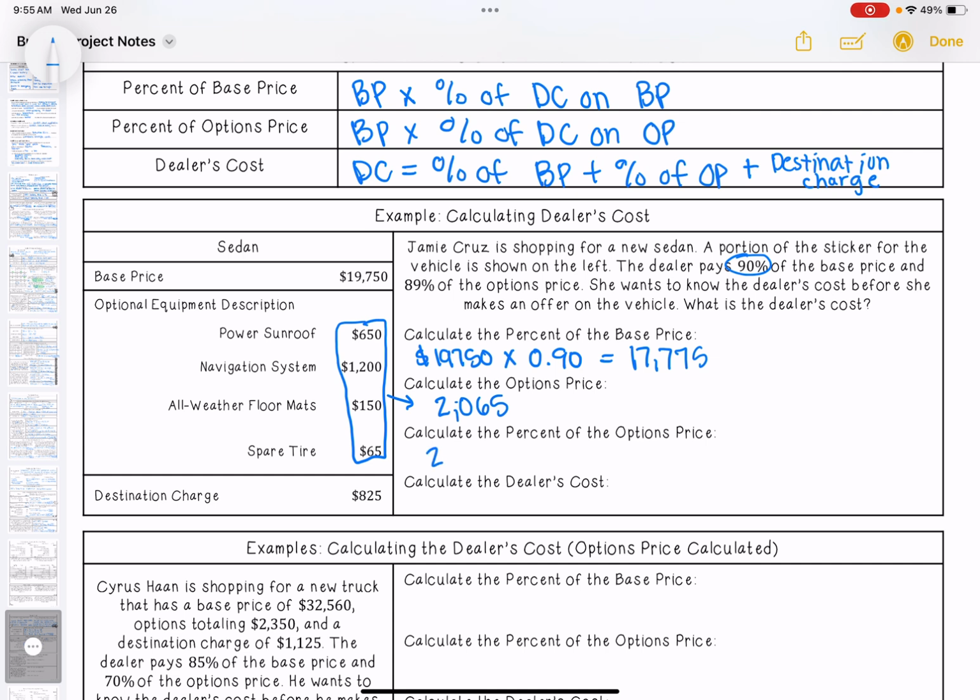So I take the options price and I'm going to multiply it by the percent of the dealer's cost, which it said here was 89%. I'm going to multiply that together, and that's going to give me $1,837.85.